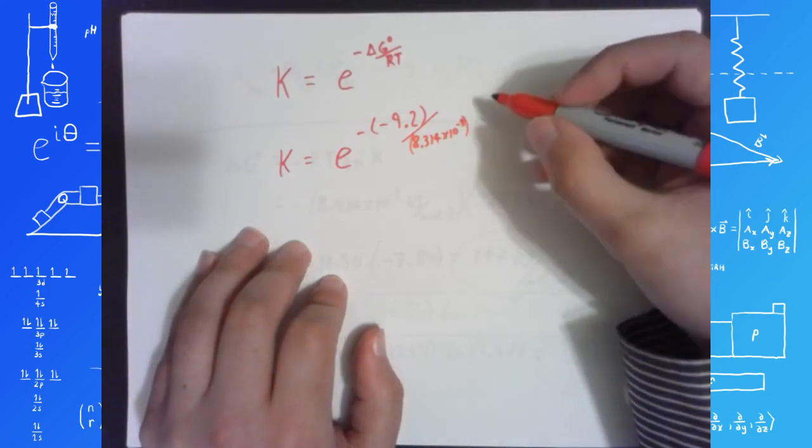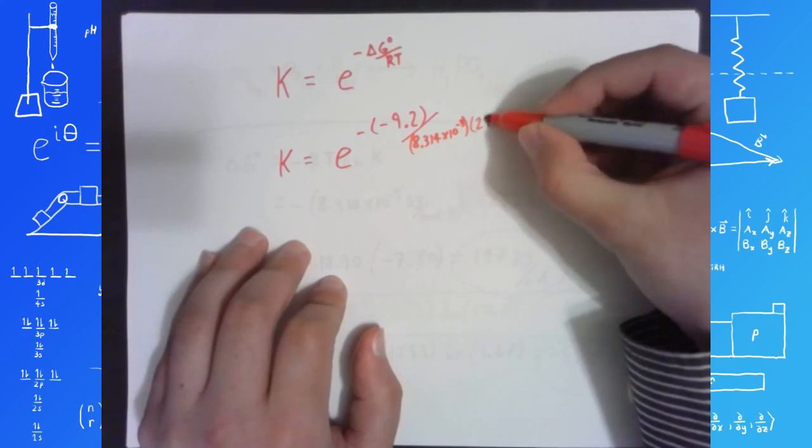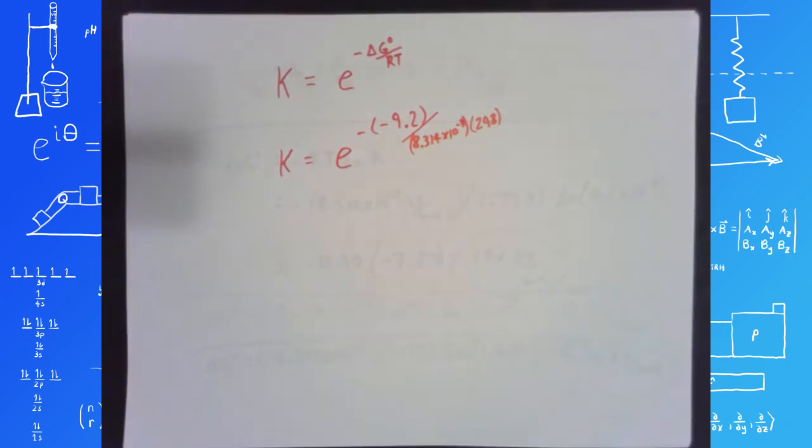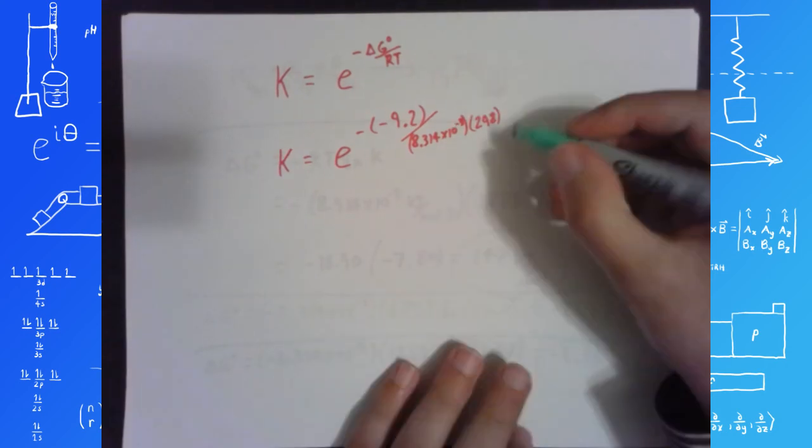They said the temperature was room temperature, so 298 kelvins. All right. So 8.314 times 10 to the negative 3 times 298 is going to round to 2.48.